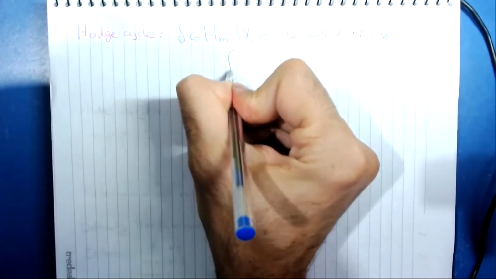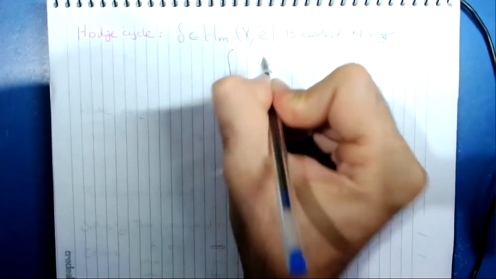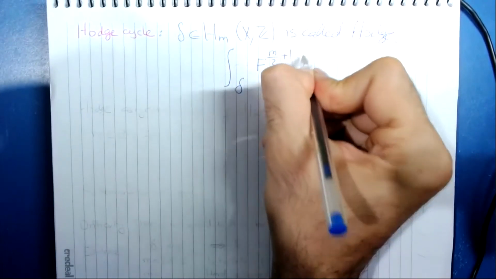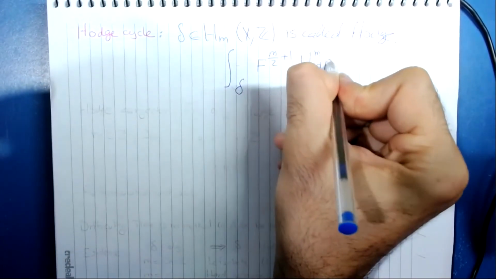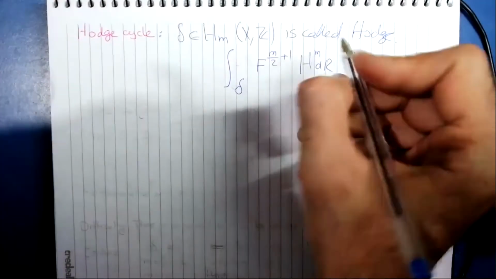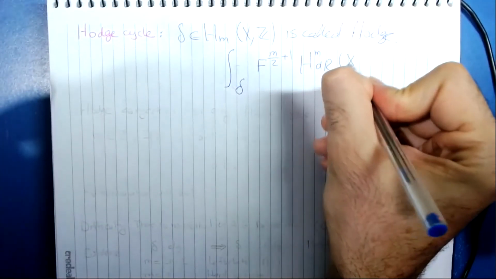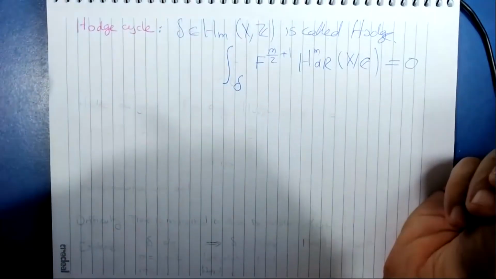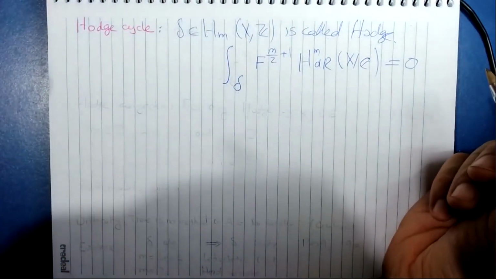If when we integrate our delta, all the elements of this piece of the Hodge filtration, then we will have 0. And from where does it come?